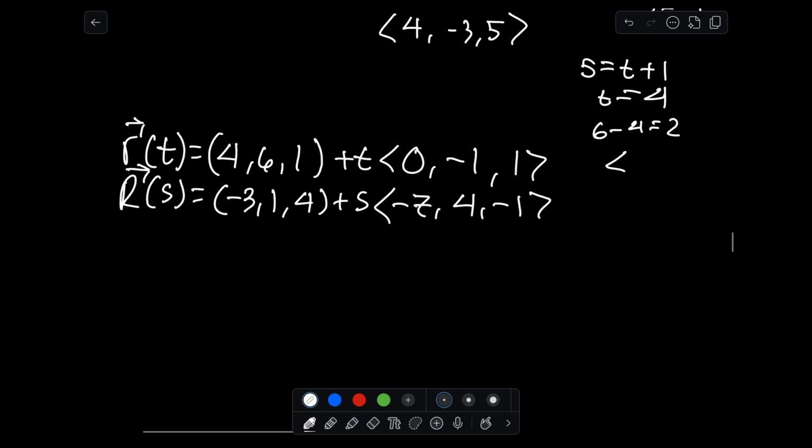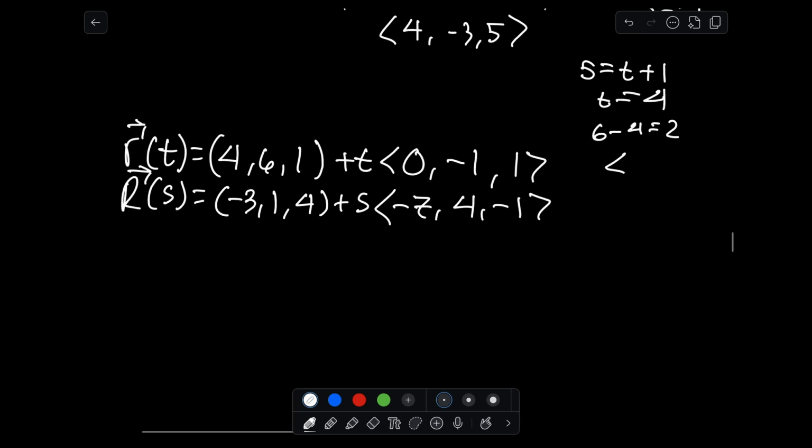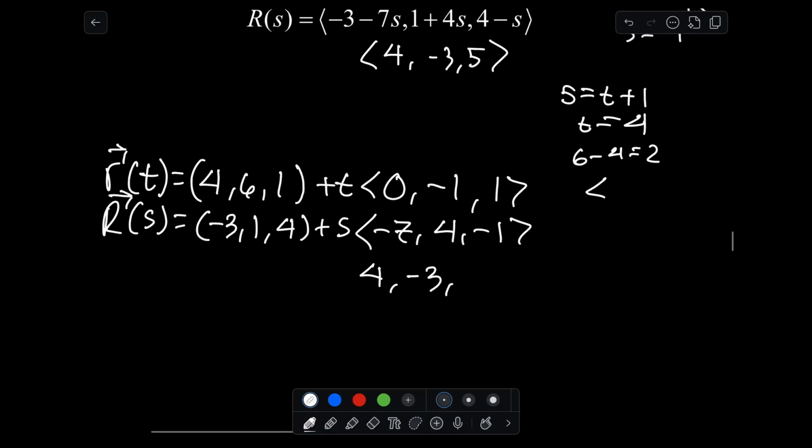We would get 4, negative 3, and then 4 minus negative 1 is 5. So that's what we got above.